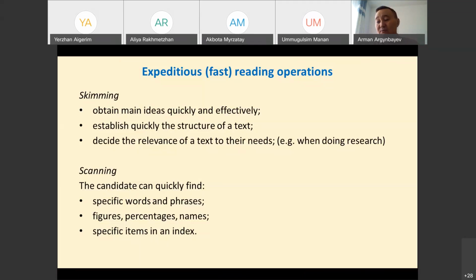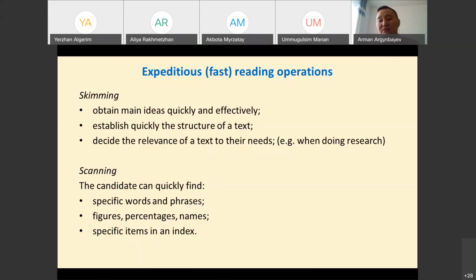In IELTS, for example, we have a few questions asking for numbers. In scanning, those details are usually what? They are numbers, places, names. It may be dates as well. Specific words and phrases.